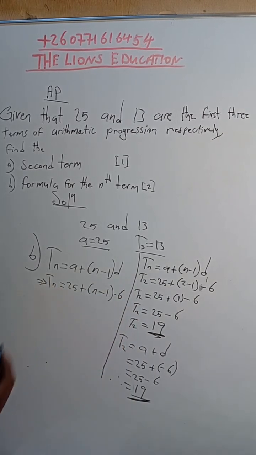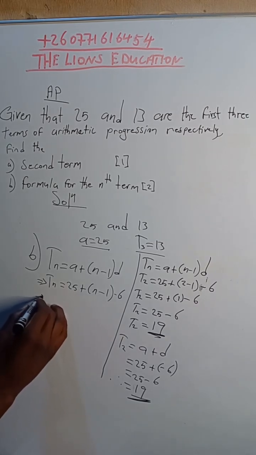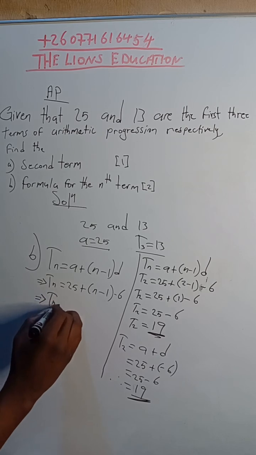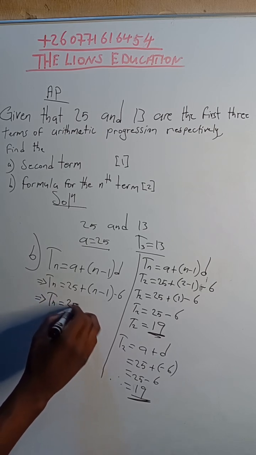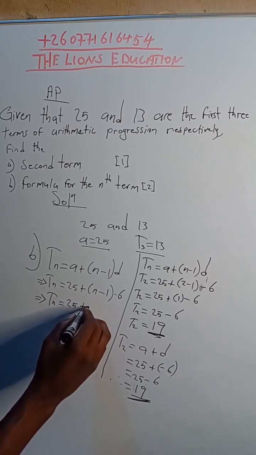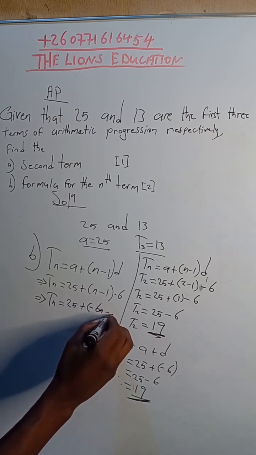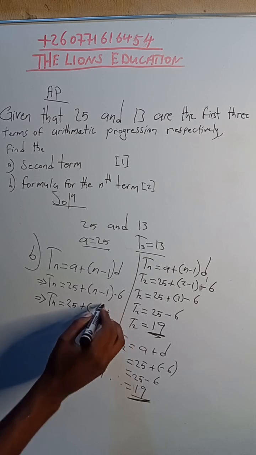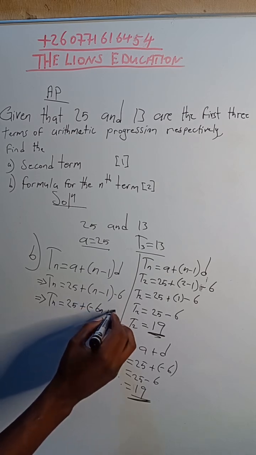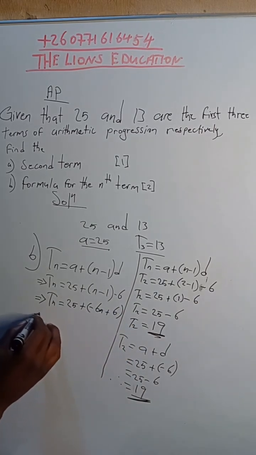We found it in the first part. Okay, then we're going to say this implies that Tn is equal to 25 plus, multiply here. So we're going to have negative 6n, minus, it will be plus here because we have negative and negative, so it will be plus 6. Okay, get rid of the brackets.